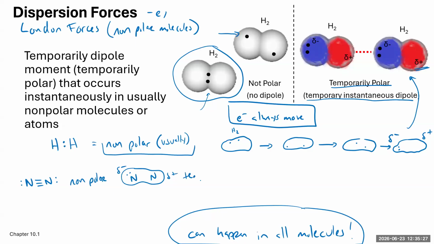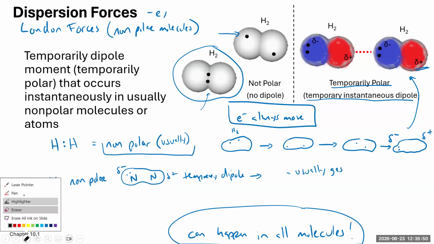this is again a temporary dipole. And we know that because nitrogen is usually gas, but I know you've heard of liquid nitrogen. So let me start using these things called phases.